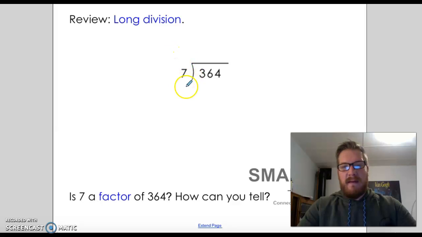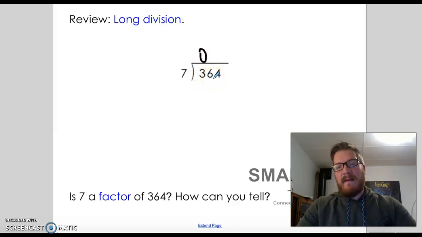We start with saying how many times does 7 go into 3? Well, it doesn't go into 3. And so you can, if you want, write a 0 to indicate that 7 does not go into 3. But then we start saying, okay, how many times does 7 go into 36? And that answer is 5 times. And then it's 7 times 5, which is 35.